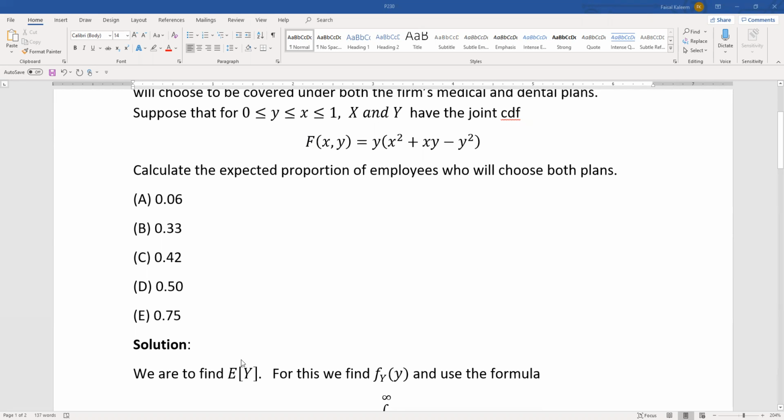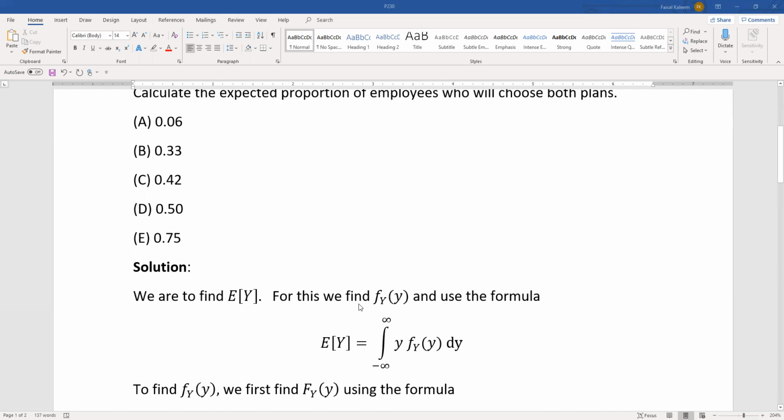So we have to find E of Y, and the fastest way to find E of Y in this case is to find the marginal density of Y, and then use the formula that the expected value of Y is the integral of y against the marginal density. We haven't really used this formula before, at least not by saying it.